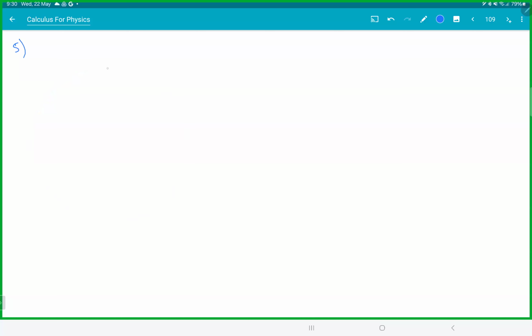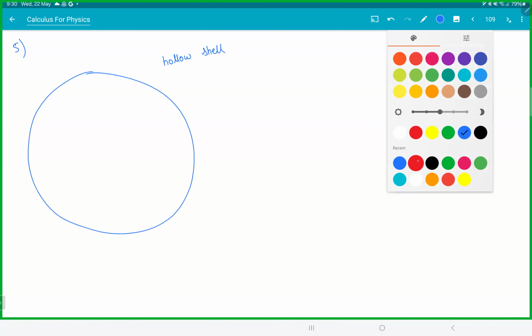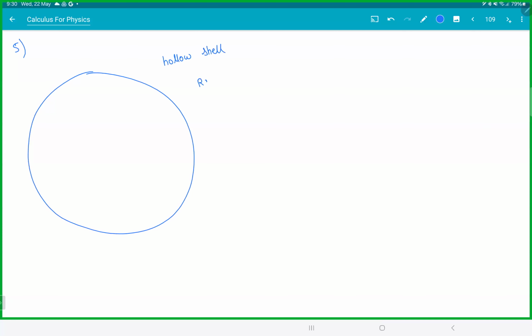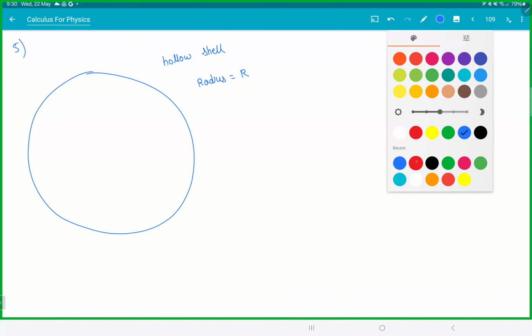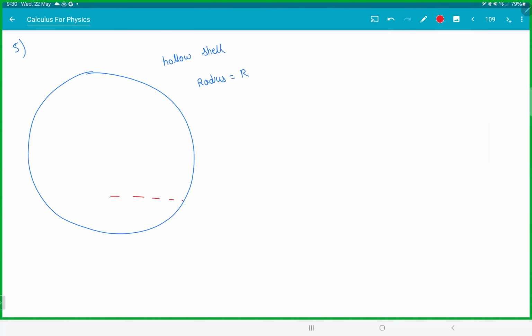So we have a hollow shell. Radius is r. Someone filled it with liquid up to height h.